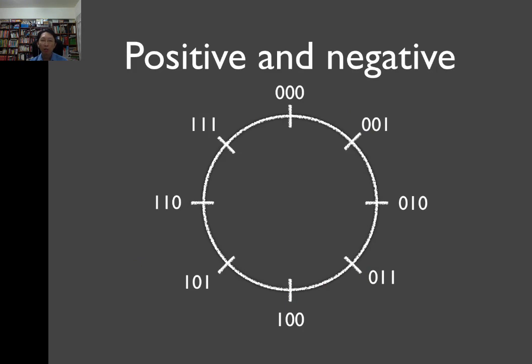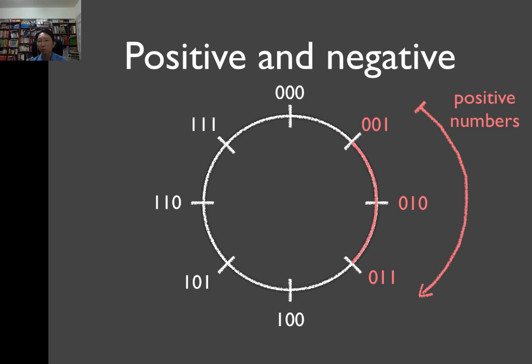To clearly see how the negative and positive numbers work, we use this circular diagram for these 3-bit binary numbers. For the 8 of these 3-bit numbers, we write them down in clockwise fashion. The right side numbers with the leading bit 0 are positive numbers.